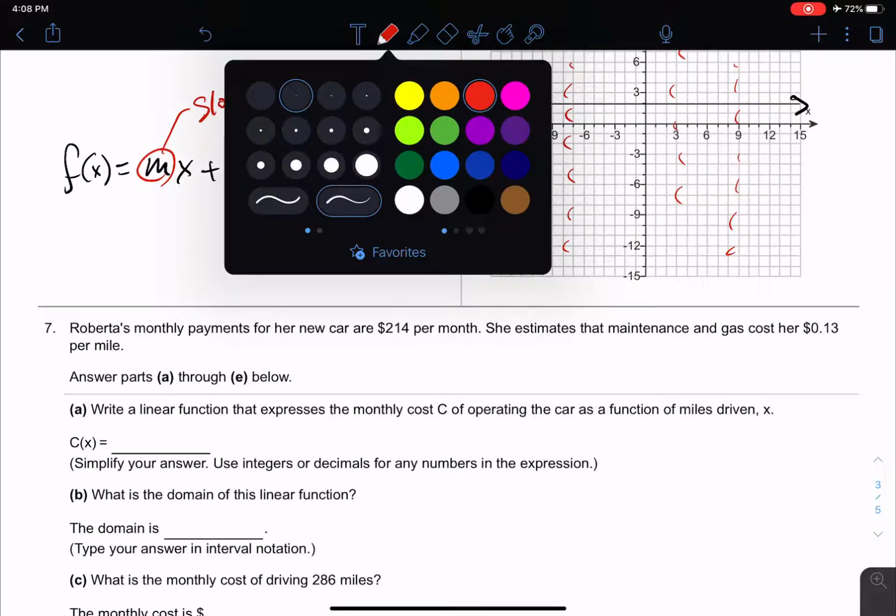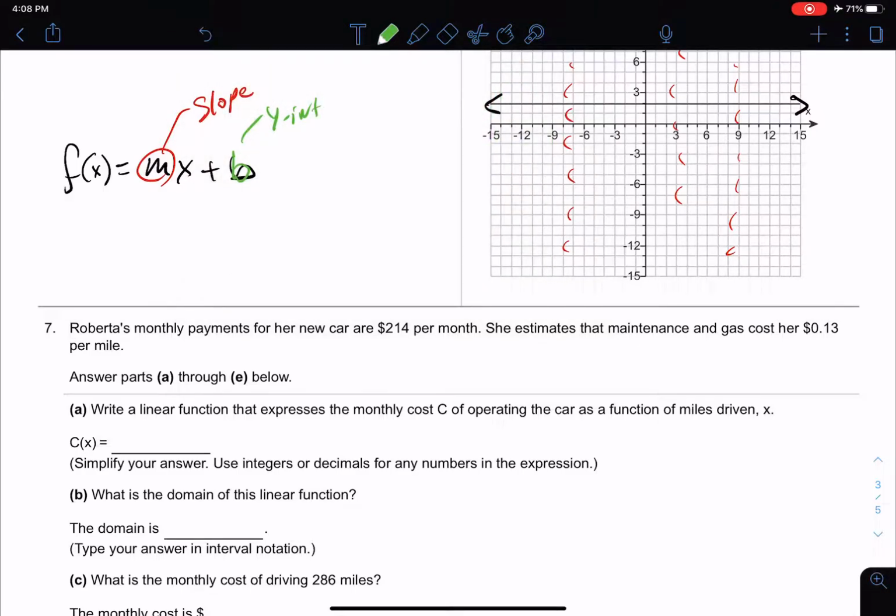But when we go to the context of a word problem, this b value is still the y-intercept when you're graphing it, but in the word problem it's usually something like the starting amount, or a one-time starting fee, or one-time monthly fee.